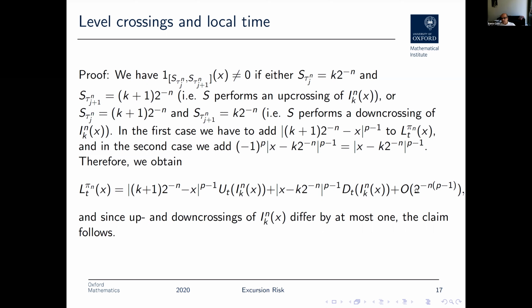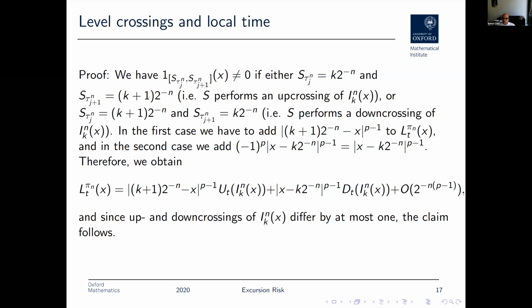These are terms where you do not cross this interval, and you can show that this is of order 2 to the minus n p minus 1. Now in this expression you have both up and down crossings, but the up and down crossings differ by at most one. Why? Because eventually you have to get out of the interval.